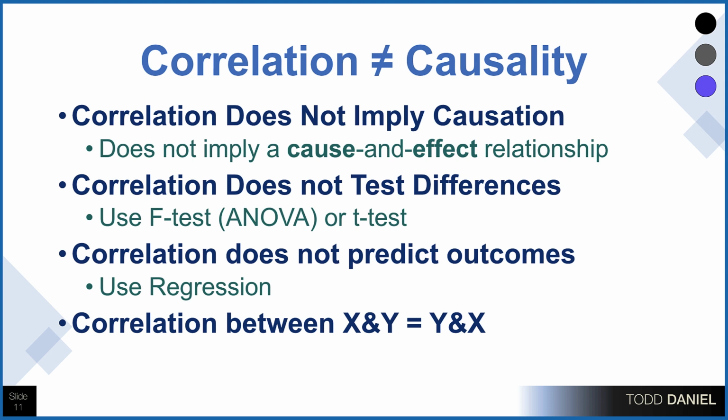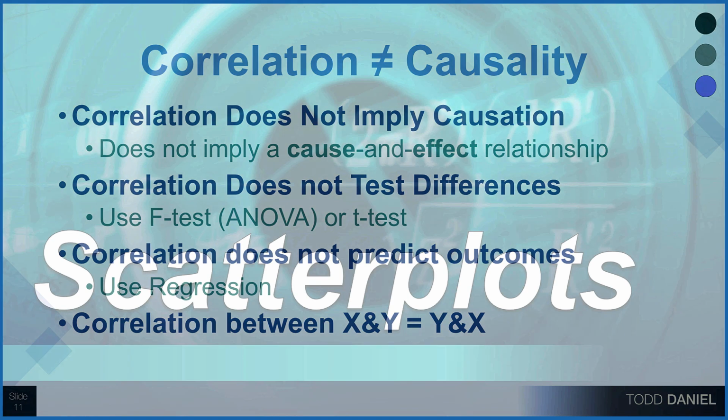That's the next step. We will use simple linear regression and multiple regression to predict outcomes. Correlation is just looking at relationships. And the order of the variables doesn't matter for the correlation coefficient. If you get a correlation between x and y, you will get exactly the same correlation if you were to compare y and x.